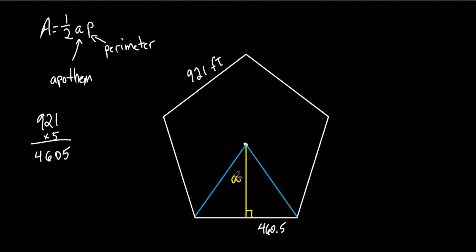Okay, the blue lines are equal to each other. That is true. Now, I put 2 lines in here, and I did that for a reason. We learned 360 divided by 5. We could figure out what this angle right here is, couldn't we?